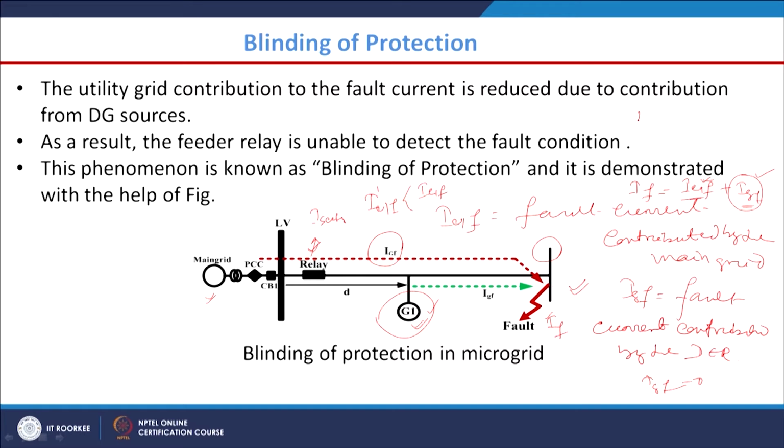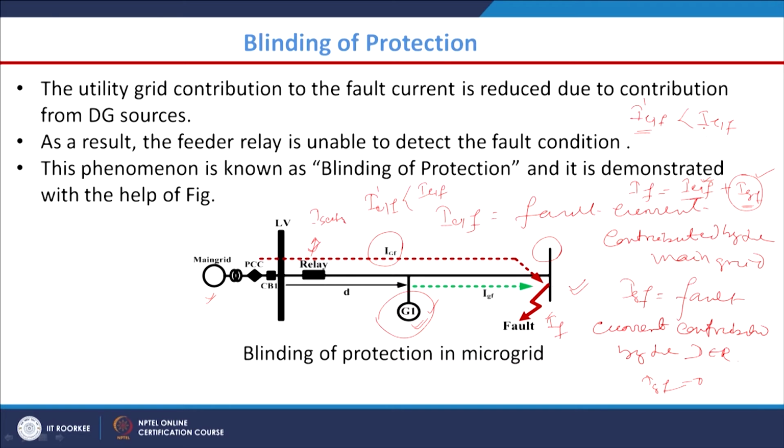This IGF dash is the fault current the grid contributes after the connection of the DG, and its magnitude is less than IGF. IGF is the current contributed without the connection of the distributed energy resources.